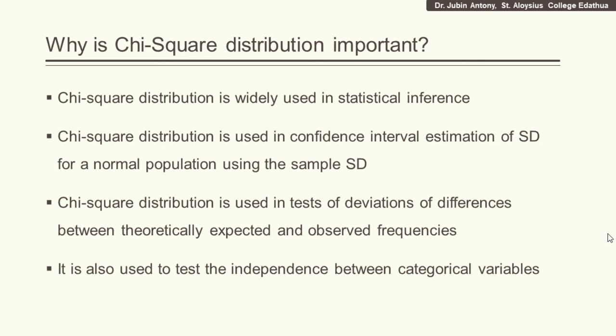Chi-square distribution is also used in tests of differences between theoretically expected and observed frequencies. It is also used to test the independence between categorical variables.